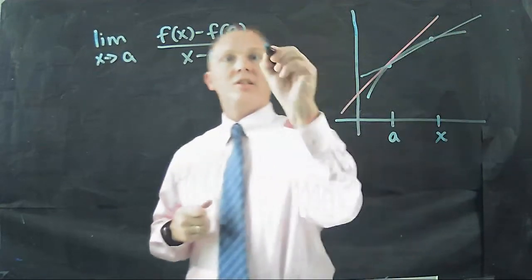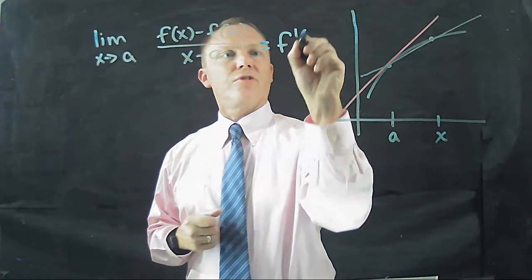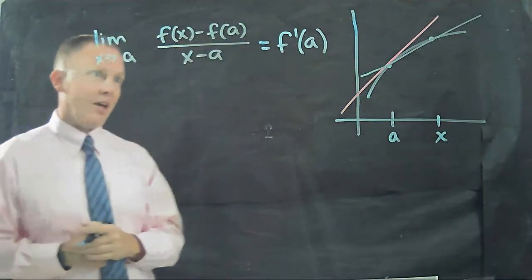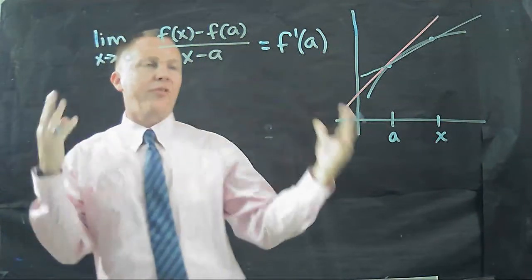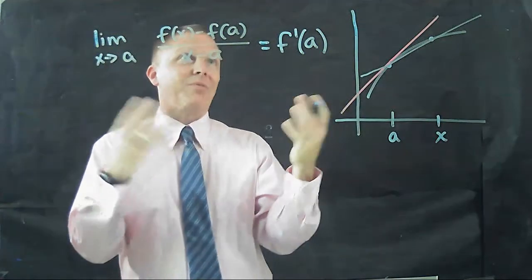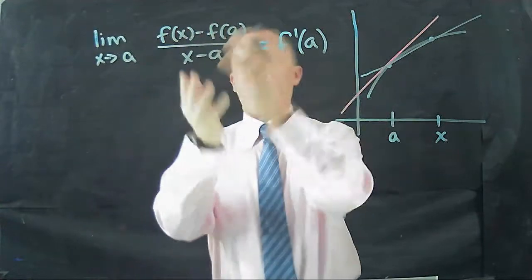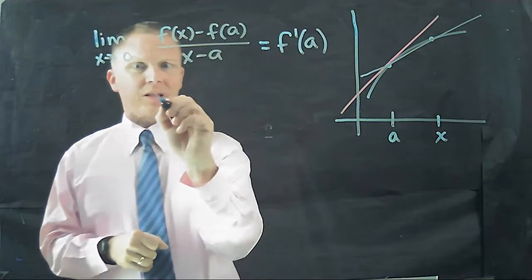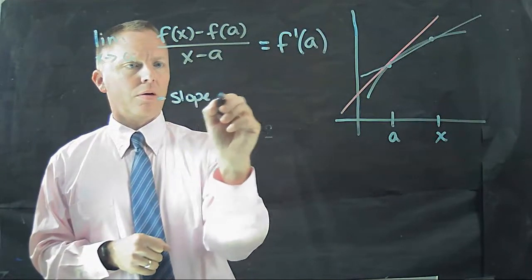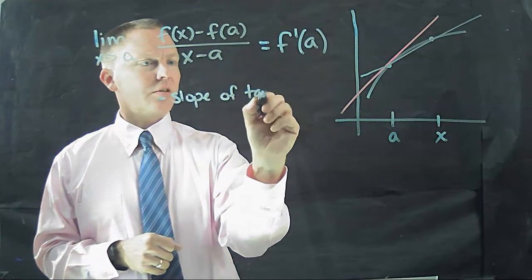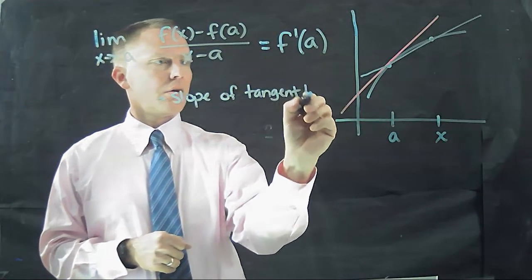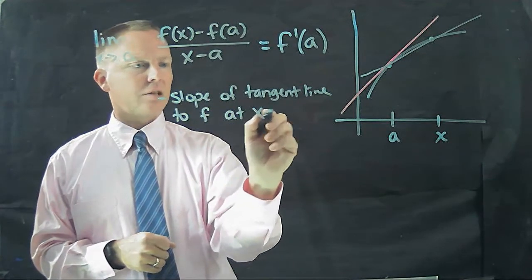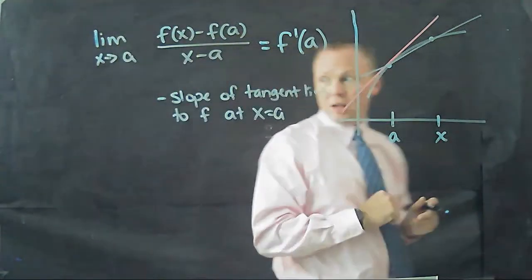We refer to that as f prime of a. Let's talk about all the different ways of naming this quantity, what we just found. It's the slope of the tangent line to f at x equals a. It's the slope of that pink line there.